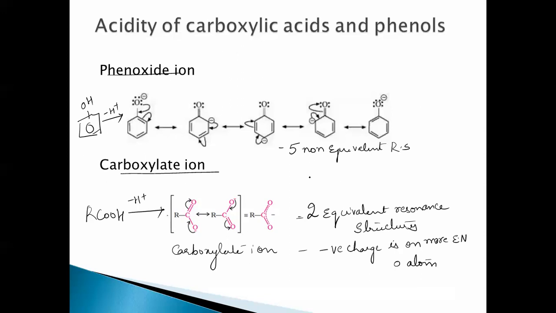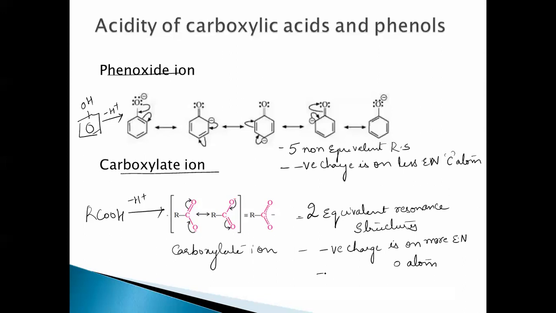Here, the negative charge is on, if you look at it, the carbon atom and the oxygen atom. So the less electronegative carbon atom, right? It is better for a more electronegative atom, that is the oxygen atom, to bear a negative charge than to have the negative charge on the carbon atom.